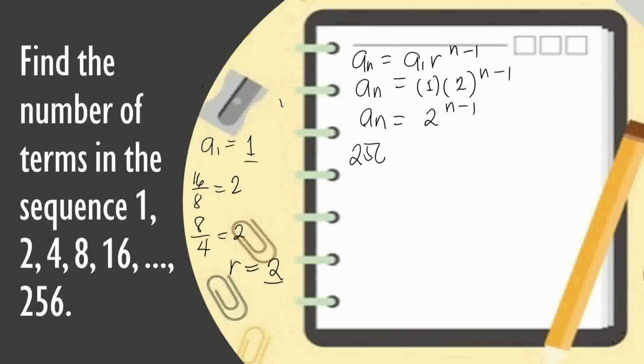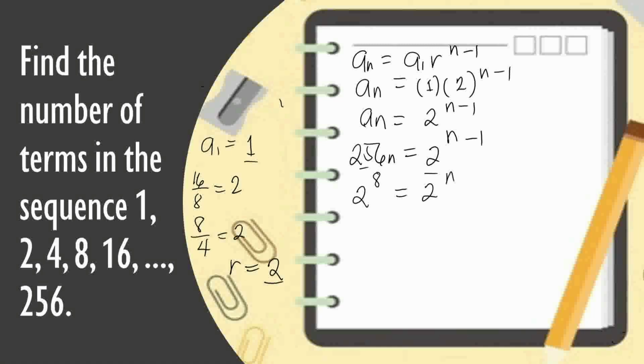So, 256 is equal to a sub n, or is equal to 2 raised to n minus 1. Using the law of logarithms, kailangan yung dalawang side na to ay pareho ng base. So kailangan natin gawing 2 ang base ng 256. 2 raised to 8 is equal to 256.